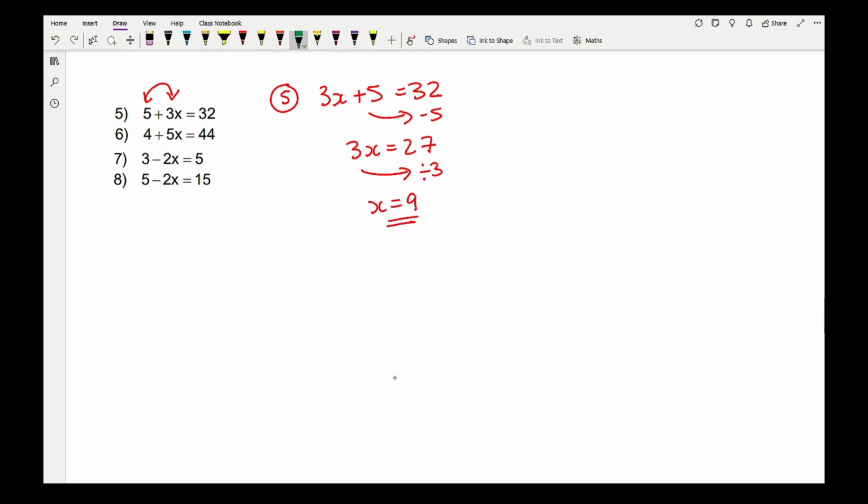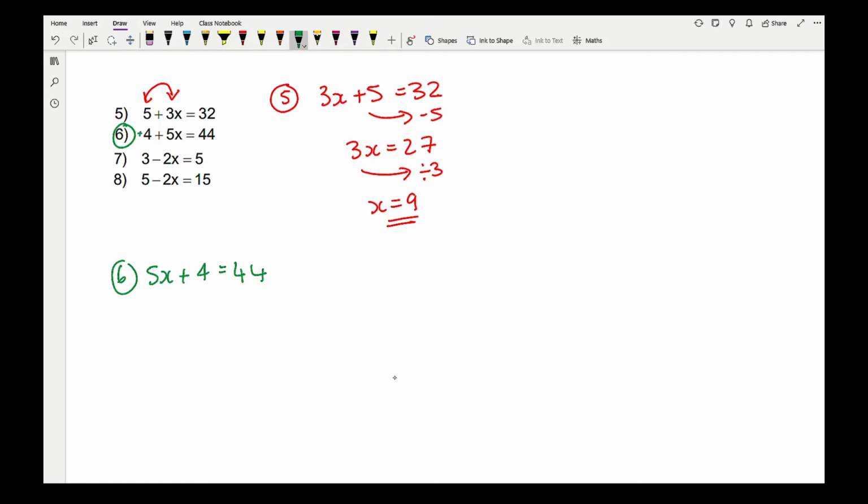Then with question 6, I can swap those two things around. So let me just try that again. So number 6, I've got 5x plus 4 equals 44. And again, what you just need to be careful of is the sign of the constant at the front.